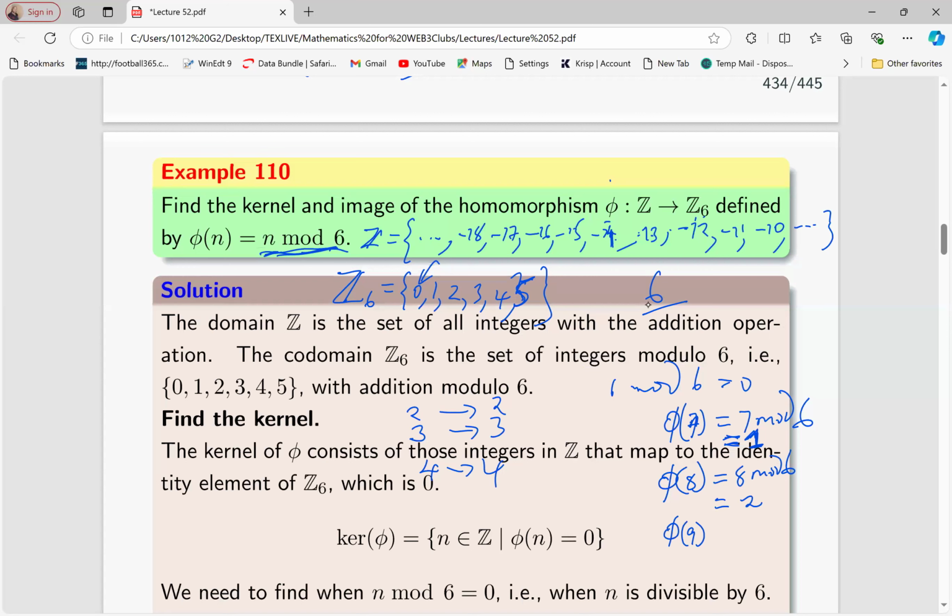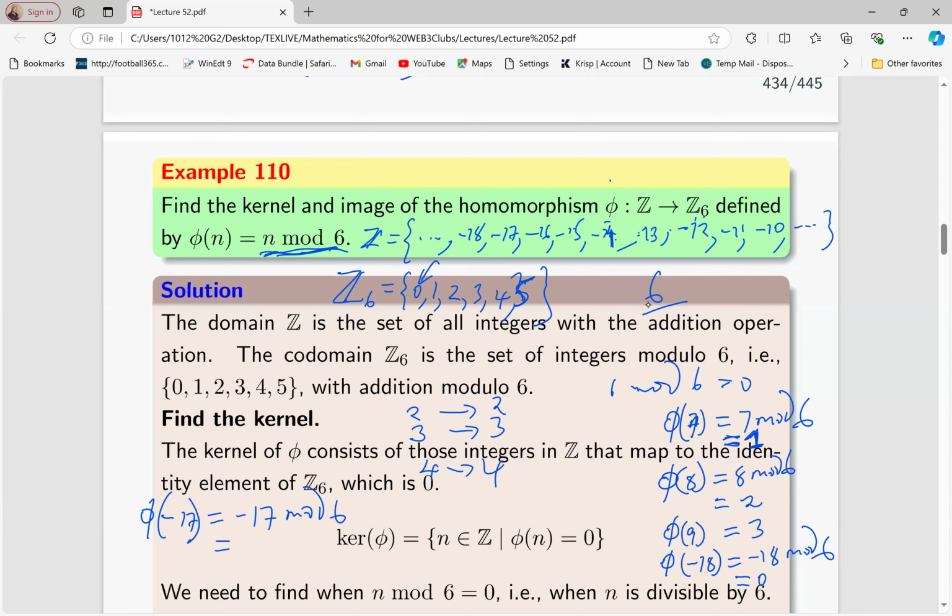What about negative 18 mod 6? In other words, if 6 were to go into negative 18, what would be the remainder? You can see the remainder is 0. So negative 18 will be mapped to 0. What about negative 17? Where will that be mapped to? It will be mapped to negative 17 mod 6.